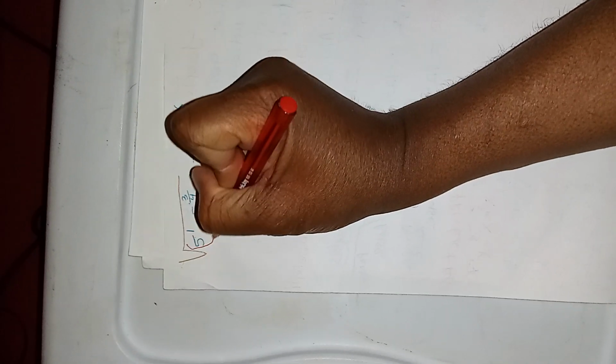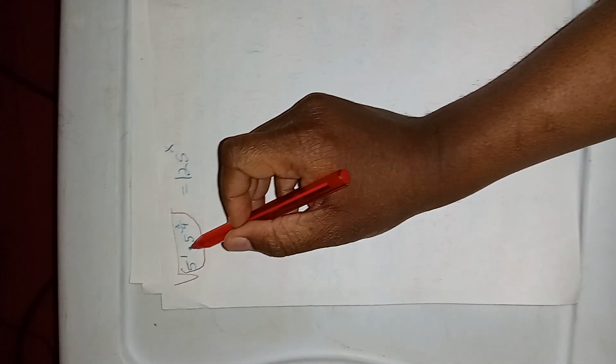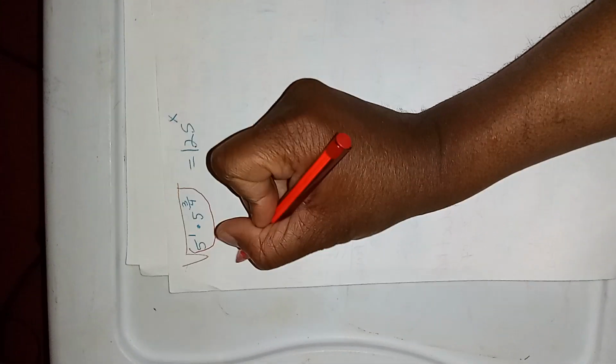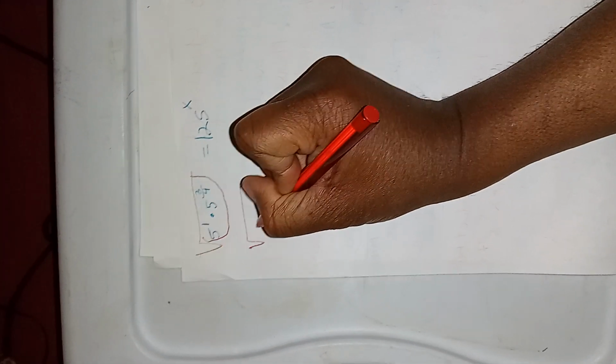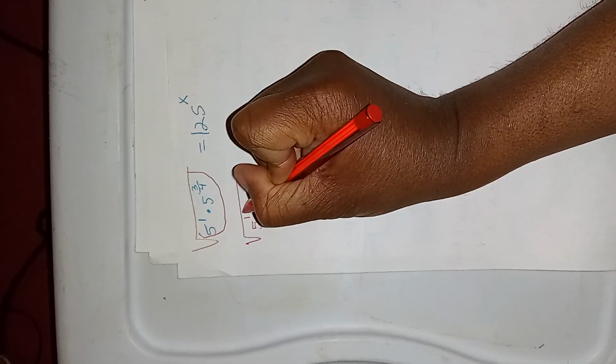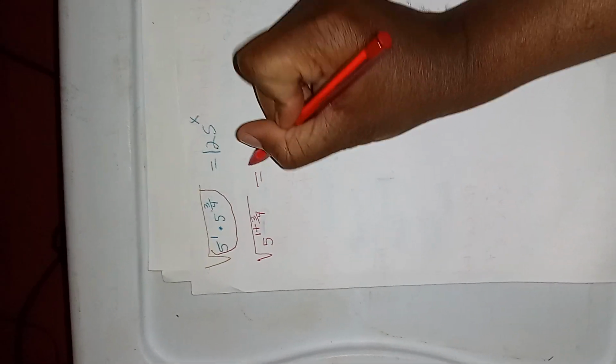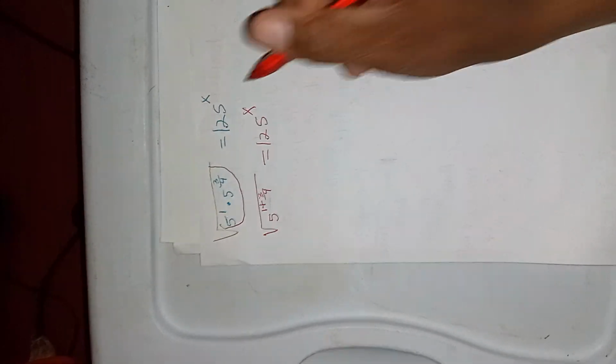Okay, now we are in business here. We could use the product rule again to simplify this piece here, because we have the same base of 5, and we have powers of 1 and 3/4. So that can be rewritten as the square root of 5 to the 1 plus 3/4 is equal to 125 to the power of x.